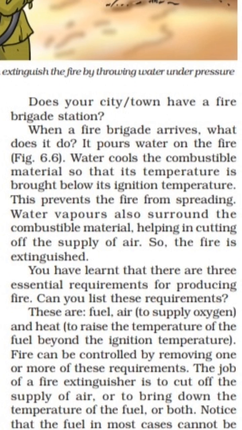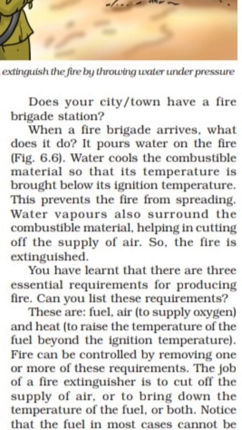Water cools the combustible material so that its temperature is brought below its ignition temperature, and this prevents the fire from spreading. Water vapors also surround the combustible material, helping in cutting off the supply of air, so the fire is extinguished.